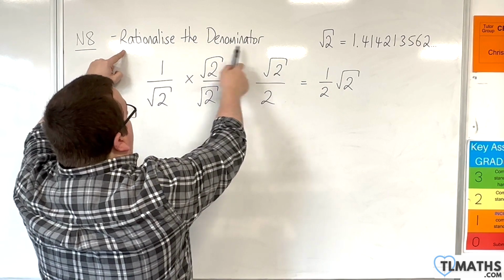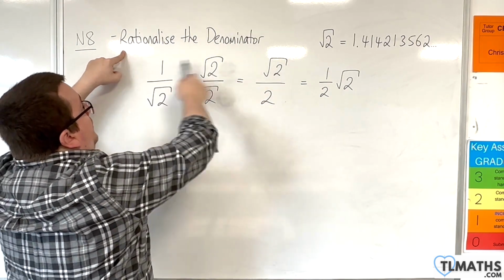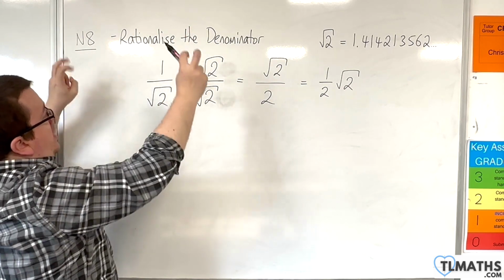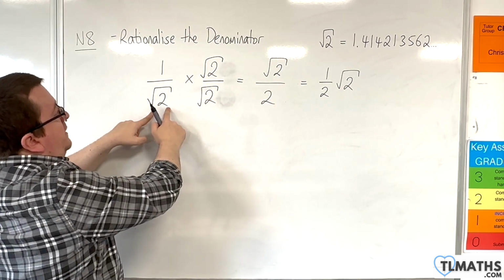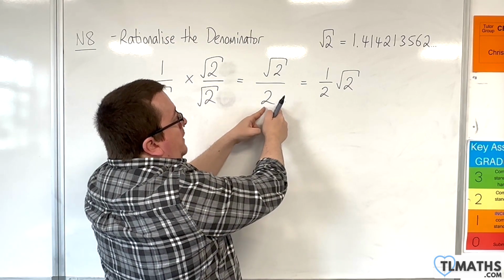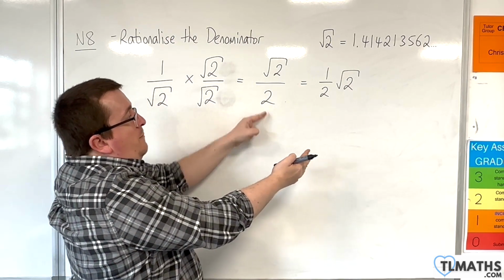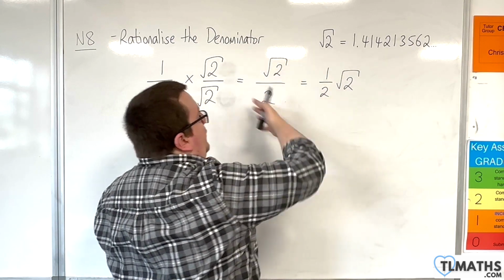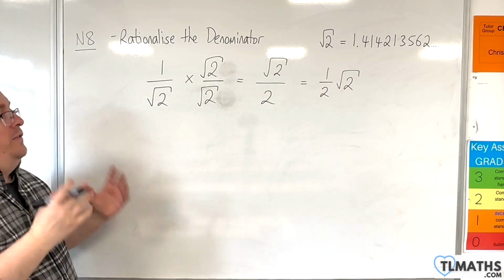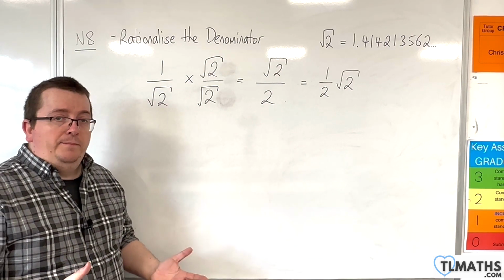What's happening is very much what this expression says. I am rationalizing the denominator, so I'm making the denominator rational. And 2, being a rational number, makes this much easier to figure out what it actually is as a decimal. So that's what we mean by rationalizing the denominator.